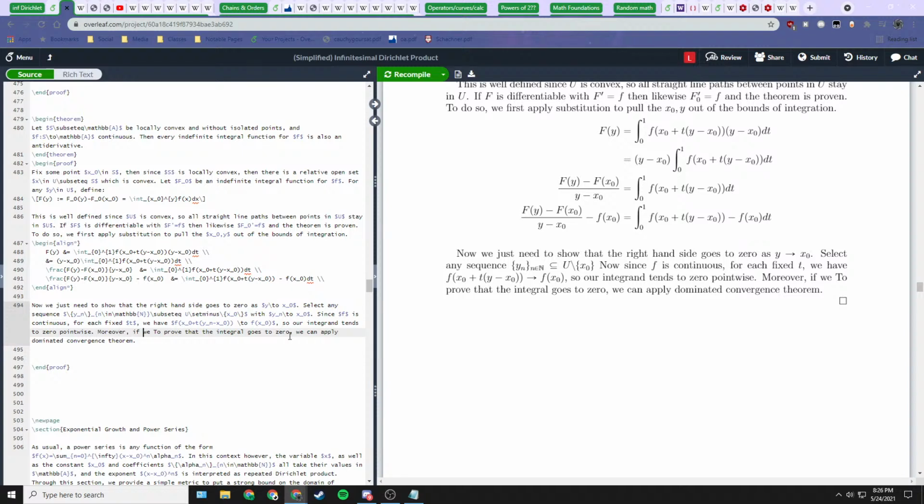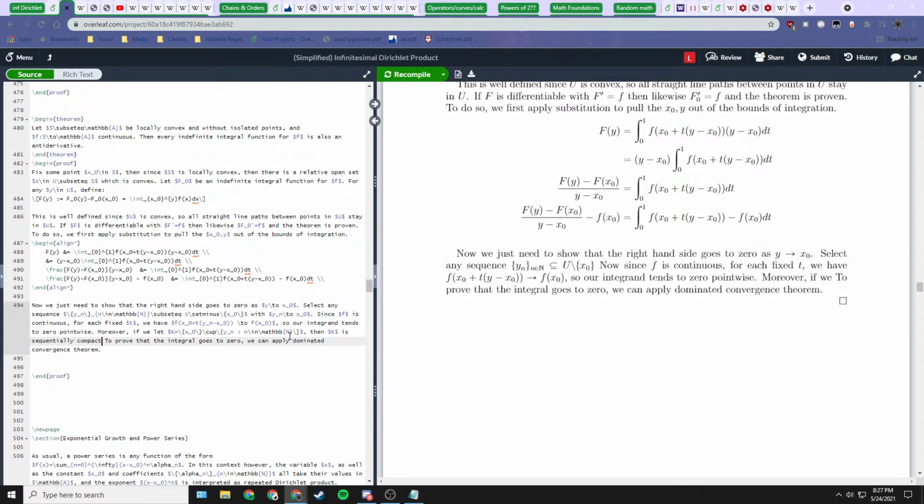Moreover, we can say, if we let K be this set, the set of x0 union the set of all y sub n such that n is in the naturals, K is sequentially compact and thus compact.